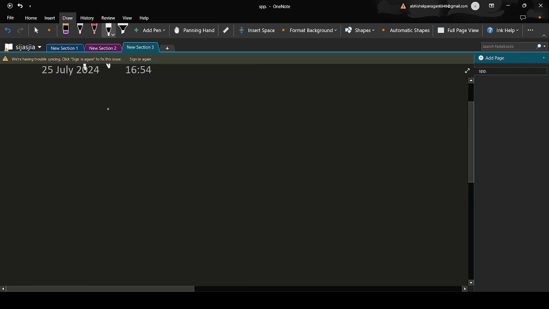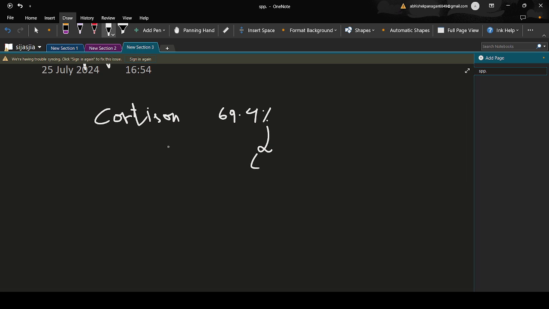So basically, there's some compound called cortisone, and it has 69.9% carbon. This compound contains 21 carbons. Oh yeah, this is mass percentage, by the way.